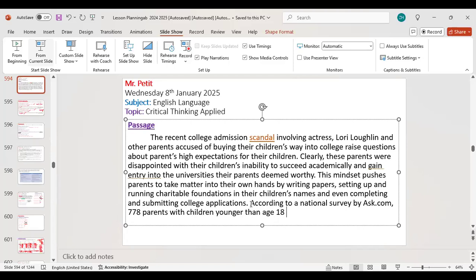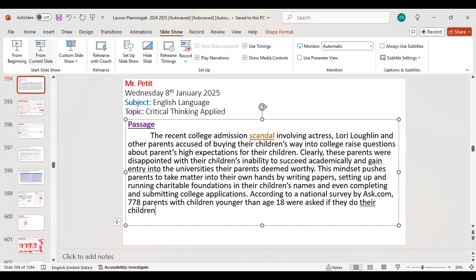In fact, she offered them, I think it was $1.5 million, just for admission.